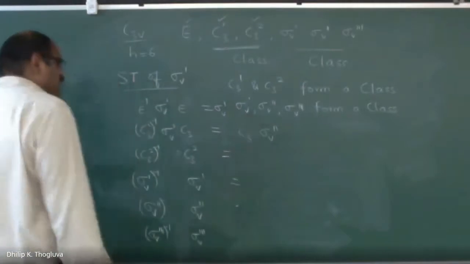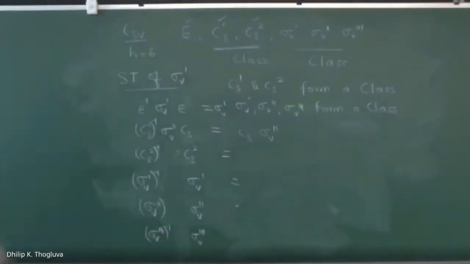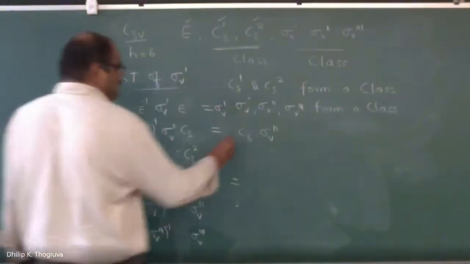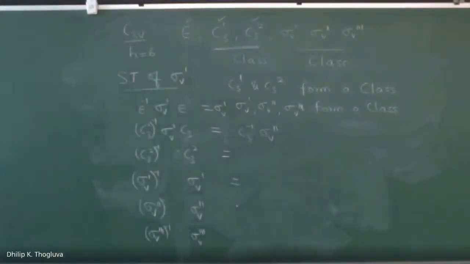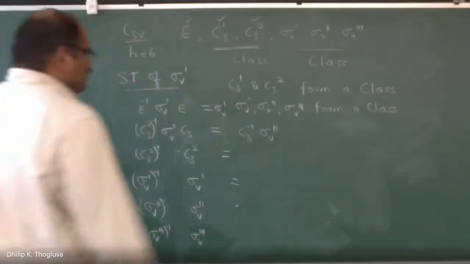C3 1 and C3 minus 1 is obviously... So again C3 minus 1, which is, C3 minus 1 is basically equivalent to C3 twice, right?